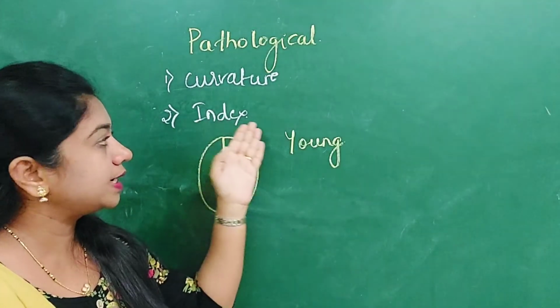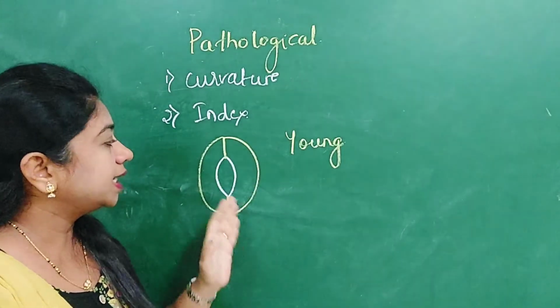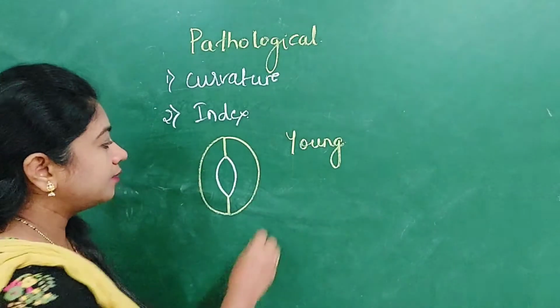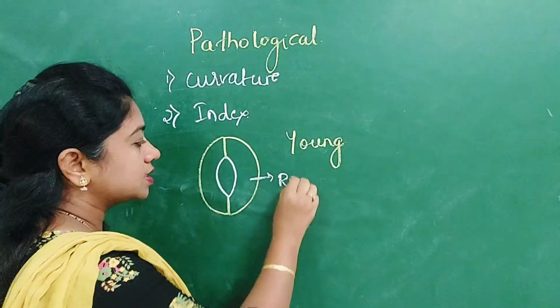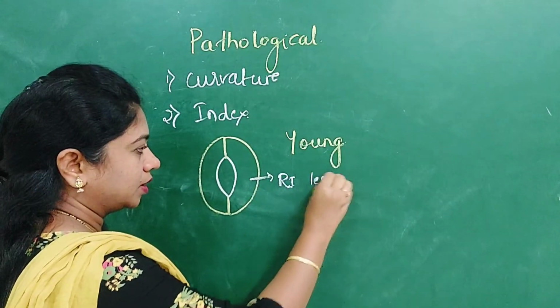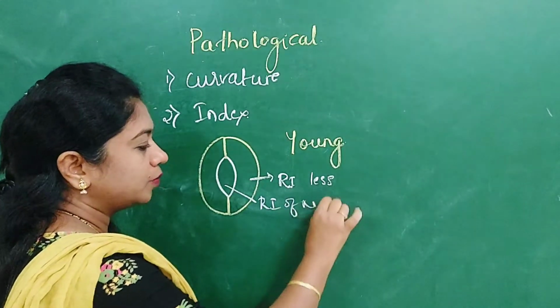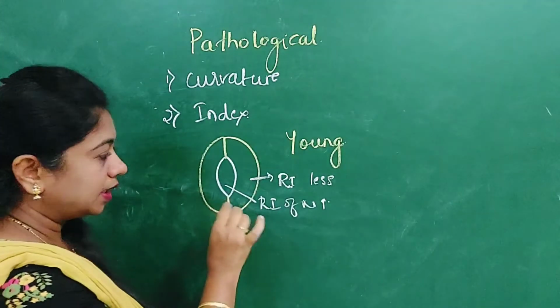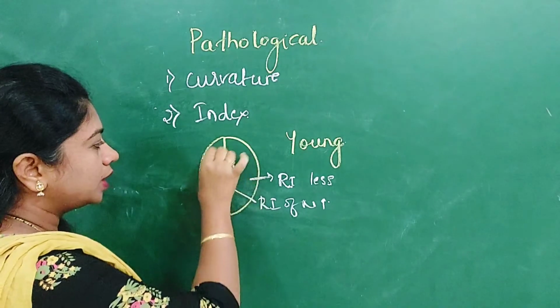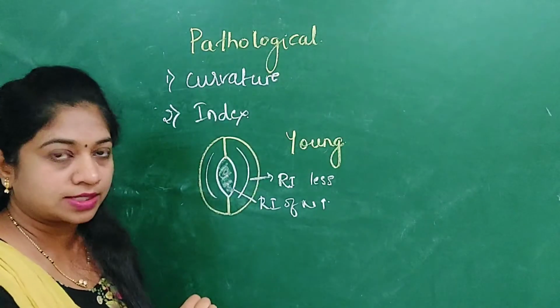So let's discuss index hypermetropia now. In young age, what used to happen? The refractive index of the cortex was less, whereas the refractive index of the nucleus was relatively more. So it was like a nucleus surrounded by two menisci of the cortex.